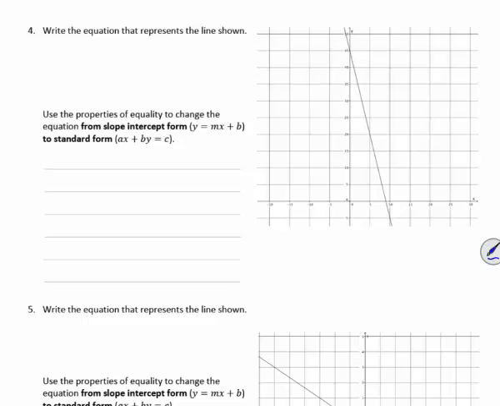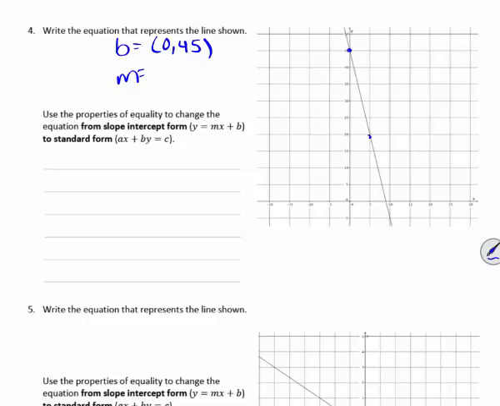Write an equation that represents the line shown. All right, so let's see here. This time we're starting with our y-intercept, and I know it's hard to read. Our y-intercept is (0, 45). Now I have to figure out my slope, but we have to be careful because this time we're not counting just by ones. We're counting in this case by 5s.